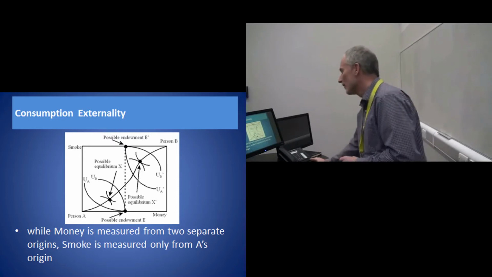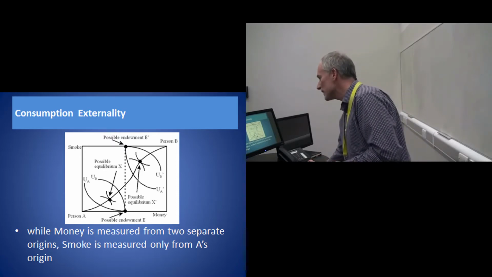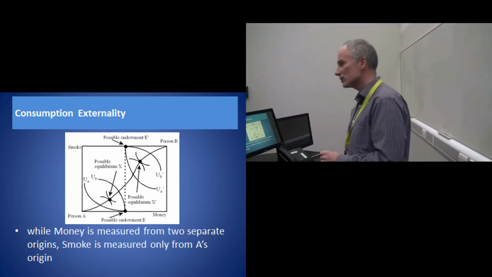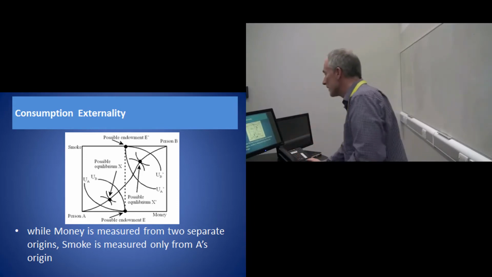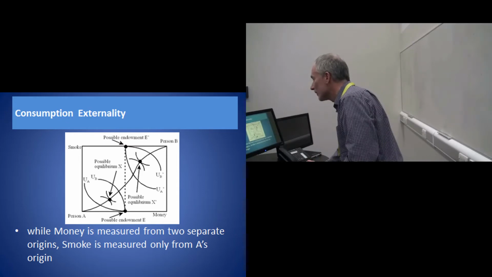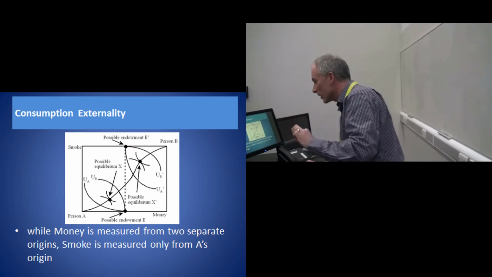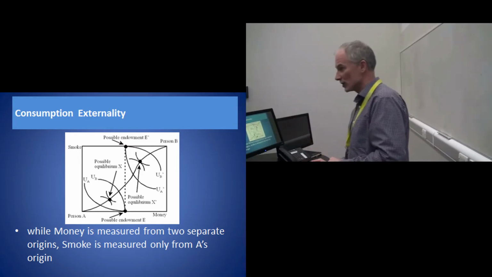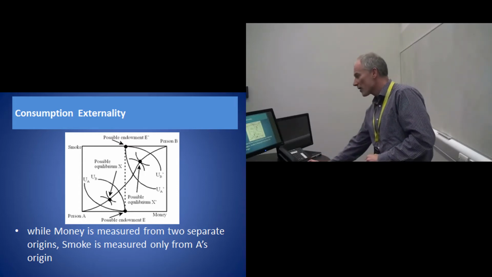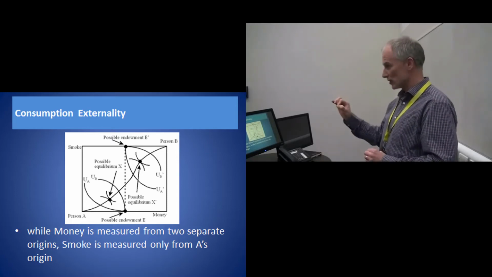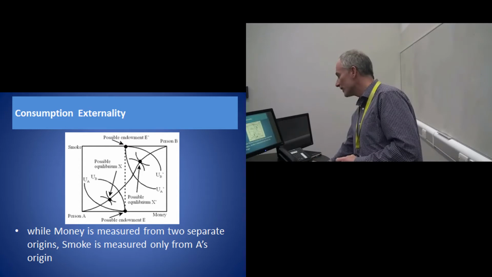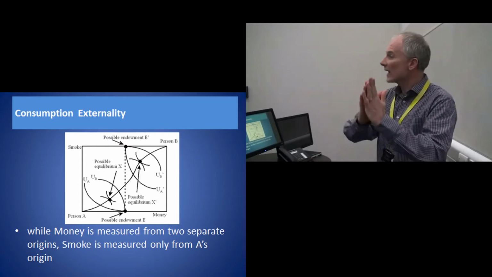And if you think about it, what does that mean as person B moves away from his origin? That the amount of money he has increases, but the amount of smoke is doing what? It's decreasing. He's getting closer to A's origin. So, smoke is only measured from one point, from person A's origin. And therefore, as we're moving away from B's origin, he has more money and less smoke.